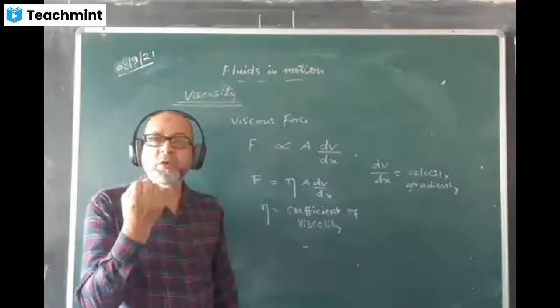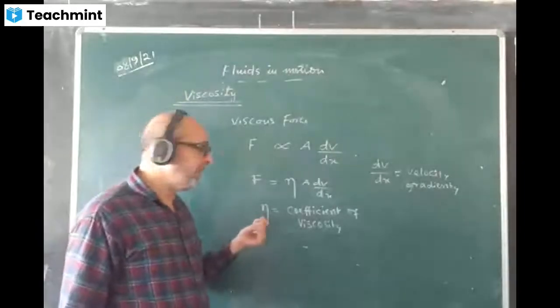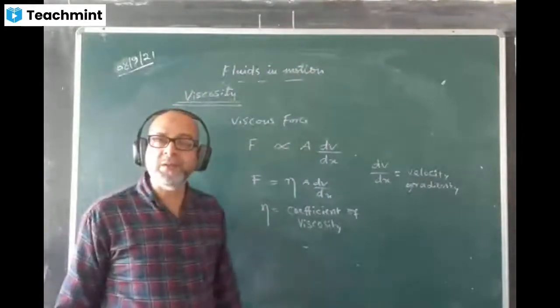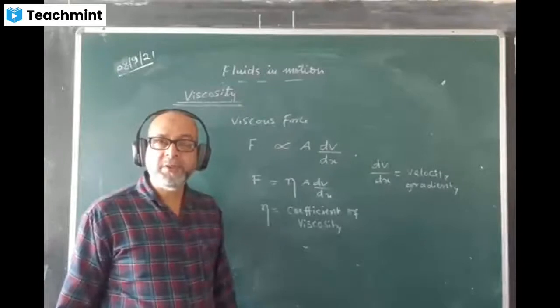The opposition, the viscous force value, is more there. So it depends upon the nature of the liquid, and that's why it depends on the value of eta. When eta is high, the liquid is more viscous. When the eta value is less, the liquid is less viscous.